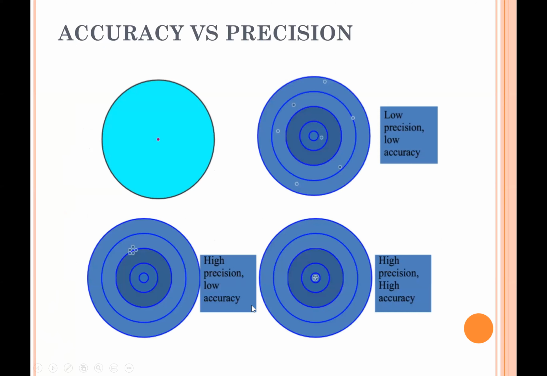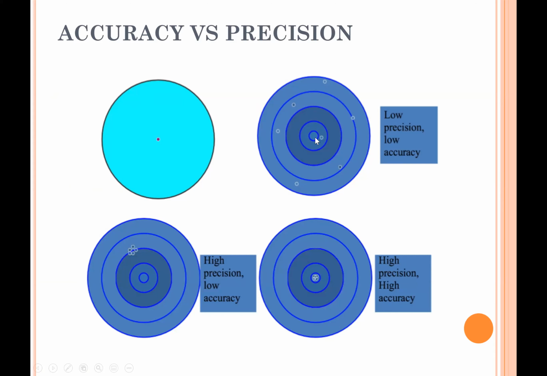So with this particular figure, this is the best way of explaining accuracy and precision. First figure that you see, the dot in between is your true value. That means that is the target which you want to measure. Now हमने तीन अलग-अलग instruments से measurement लिया, and first case में क्या हुआ that you get all the scattered readings.